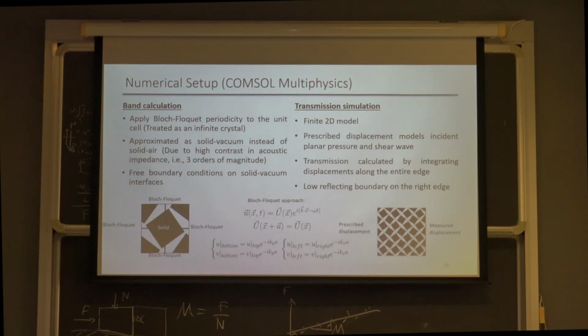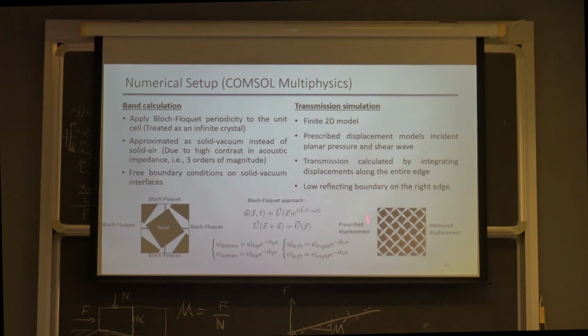For aluminum it's even higher, so we will have 100% reflection, and we don't need to worry about any solid-structure interaction in this case. If you put, for example, a fluid here, then one needs to take this into account. But with air, we are good. In COMSOL, we just set the free boundary conditions, so everything is quite simple.